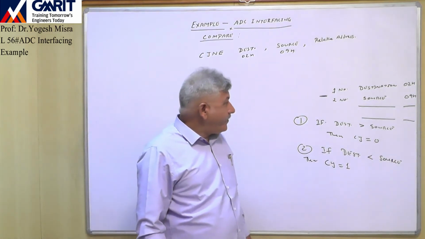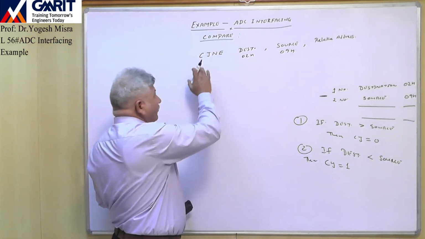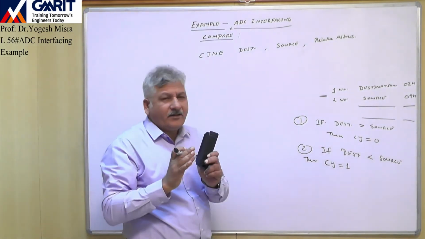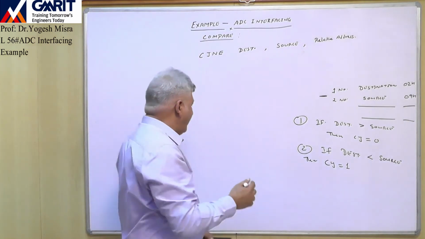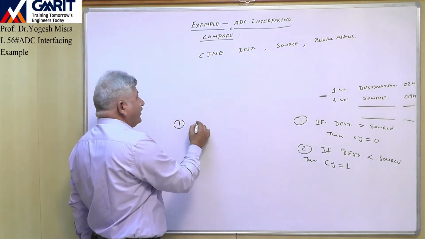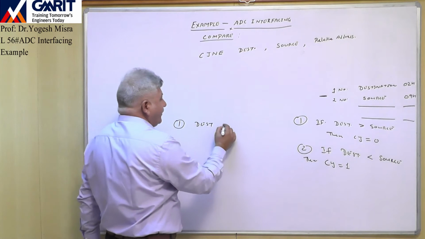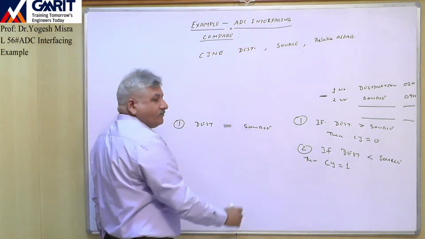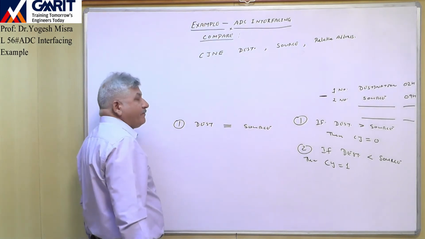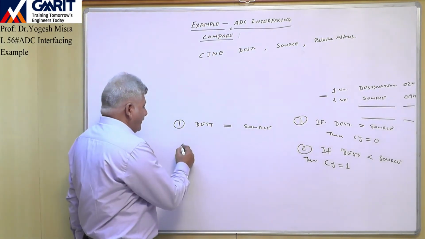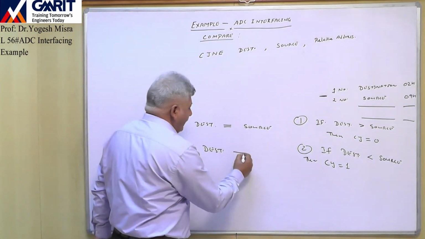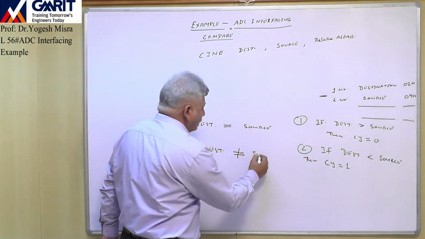Now when this instruction is executed, there are two possibilities. The first possibility is destination is equal to source, and the second possibility is destination is not equal to source.